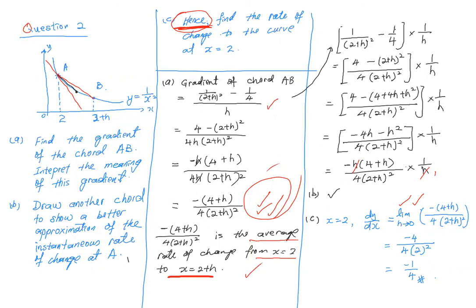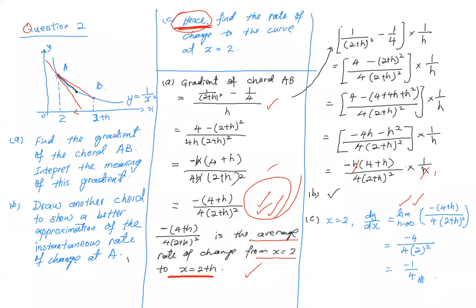Miss, may I ask? When to use h approach 0 and when to use x approach a? It depends on how I set the question. As B moves nearer to A, what happens to h? It approaches 0.